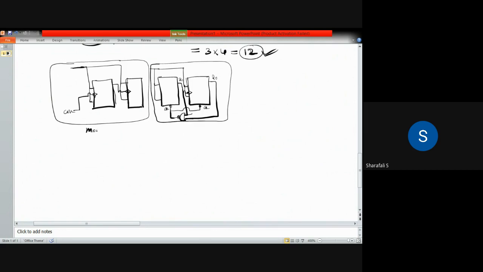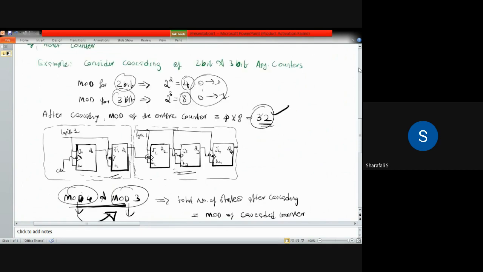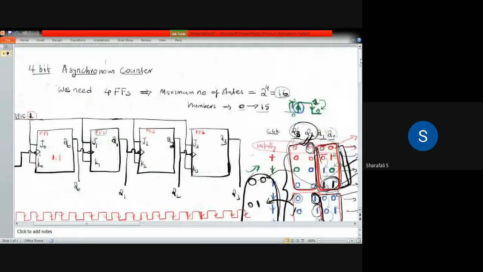So if you are cascading these two, which means that if you are giving the output of your mode 4 to this, connecting that into the input clock pulse of this mode 3, I think I have made one mistake here, because Q0 and Q1 is for mode 4, right?